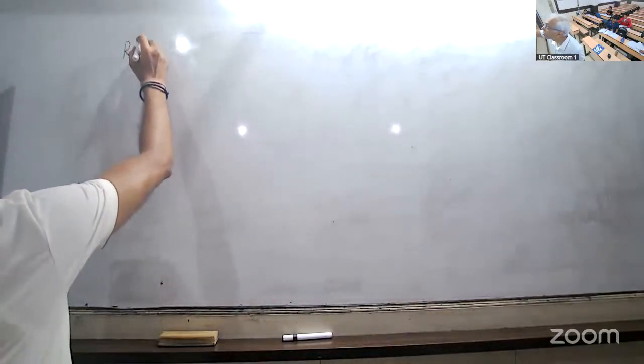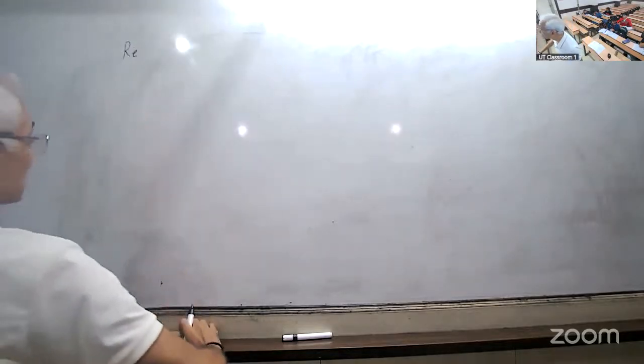Reflection of light on spherical or curved mirrors. What was the topic? Spherical mirrors, right? We just started with that. Concave and convex. We were discussing terms related to them. Types of spherical mirrors is completed.